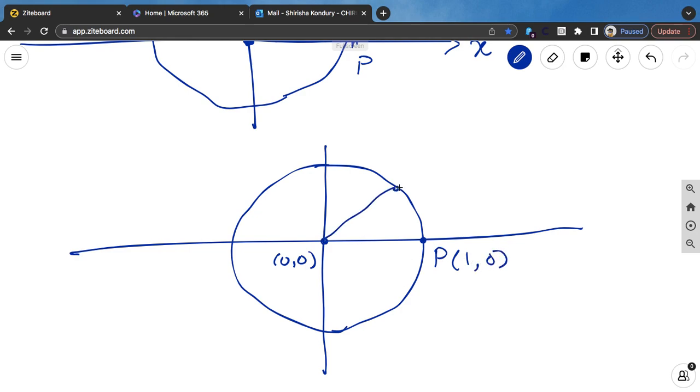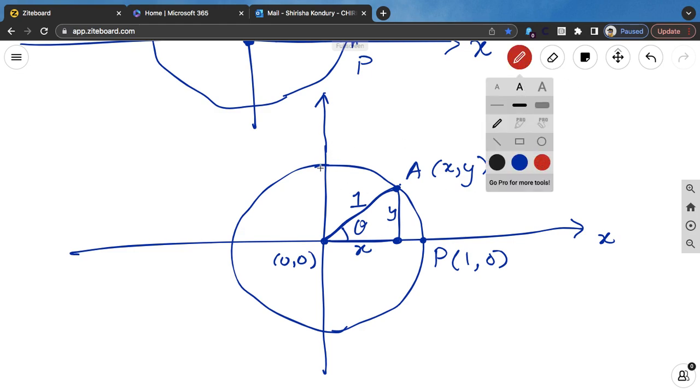I am going to mark a point on this circle whose angle is theta with respect to the positive x-axis, and say it is meeting the circle at point A. So if A has coordinates x comma y in the Cartesian plane, then we know this side is x and this side is y, and my hypotenuse is 1 because I defined it as a unit circle.